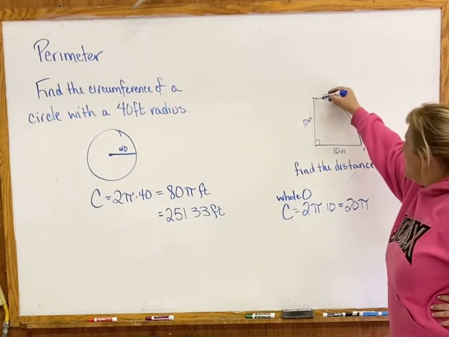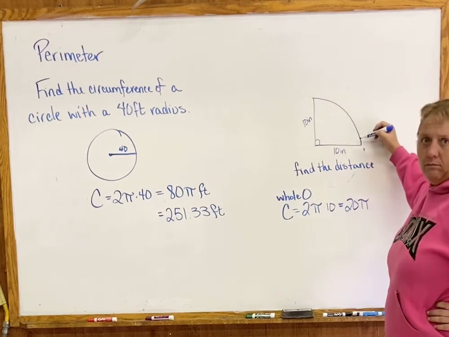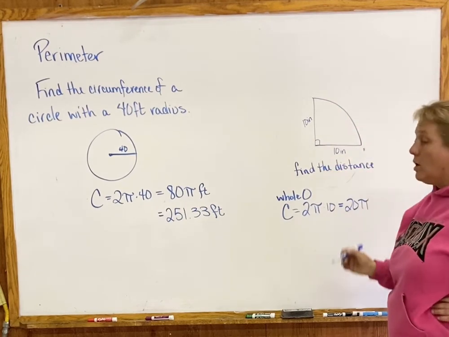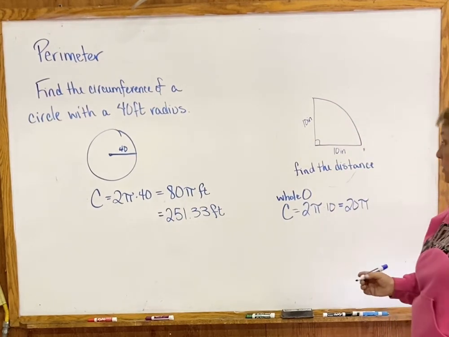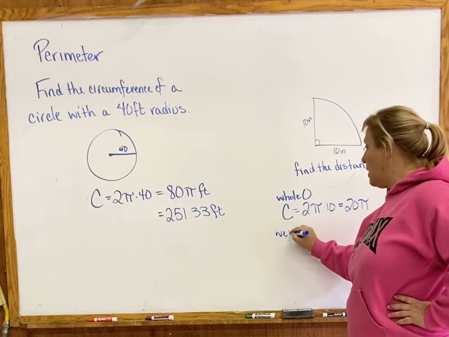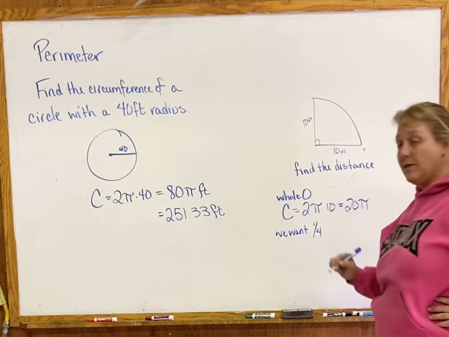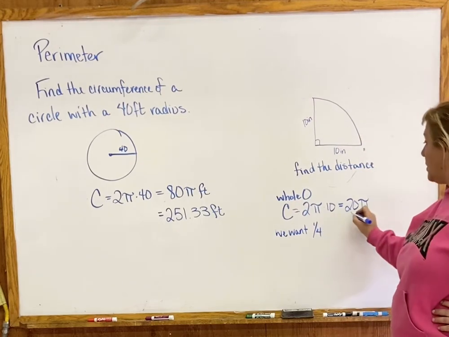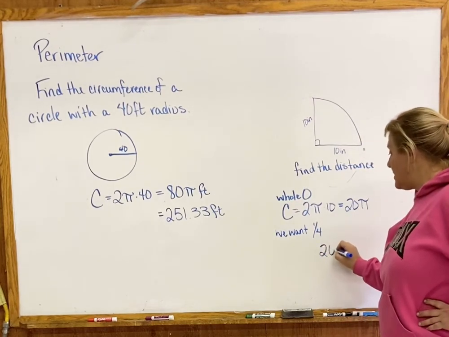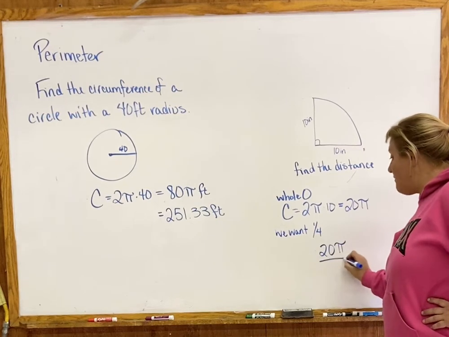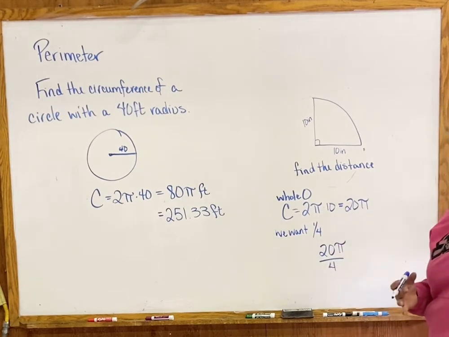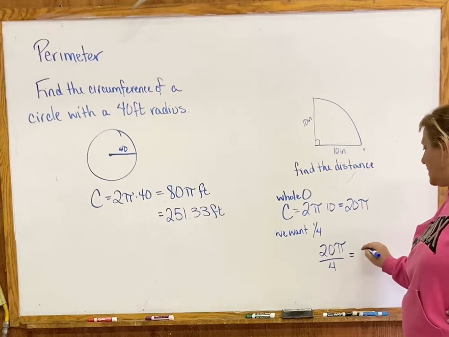How much of the circle are we just going? We're not going the whole circle. Are we going 1/4 of the circle? So we want 1/4 of the circle. So what we're going to do is take the 20 pi and divide it by 4. We want just 1/4 of it, which will leave us at 5 pi.